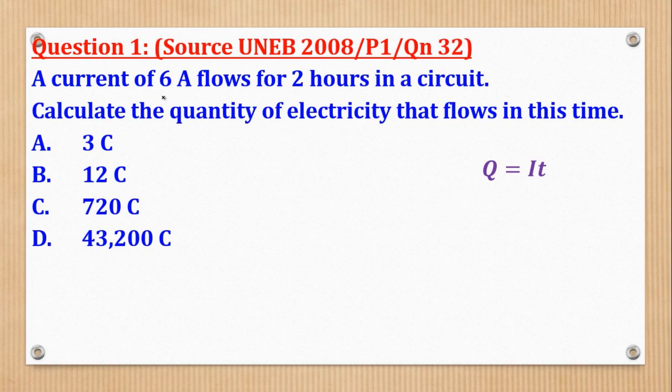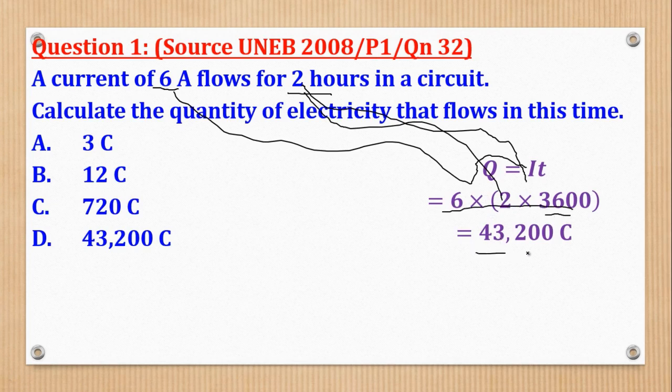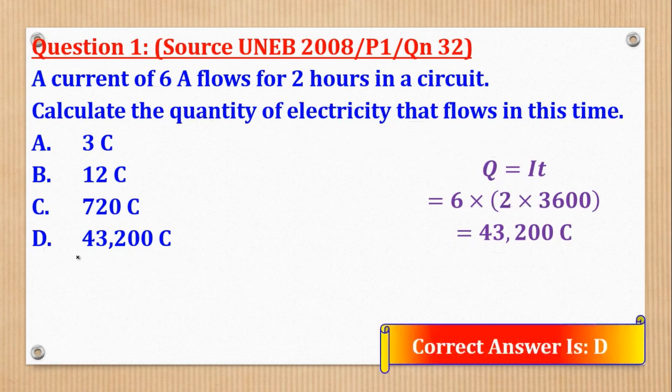Here I is 6 and t is 2 hours, but remember that time has to be converted to seconds, by multiplying by 3600. So Q equals 6 times 2 times 3,600, which gives 43,200 coulomb, and that's what they wanted. It implies that the correct answer was option D.